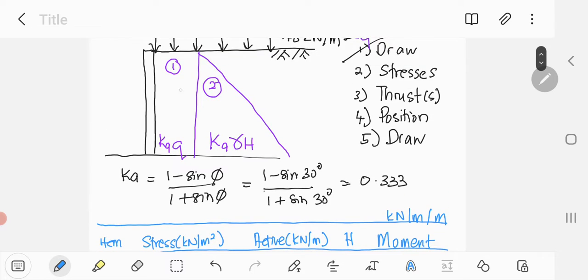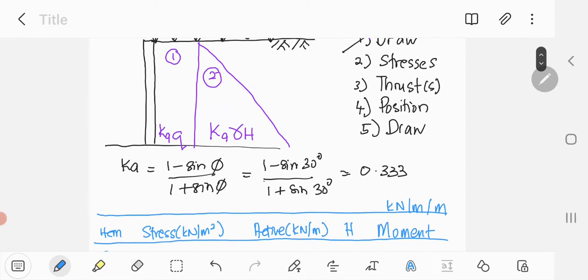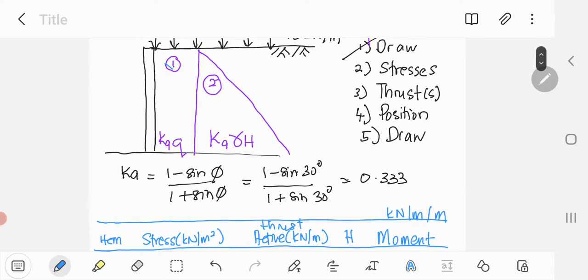Okay, consider element number 1, the shape is rectangular, and we know that when you want to calculate thrust, this is actually the active thrust. When you want to calculate active thrust, that is the calculation of the area of your pressure distribution.